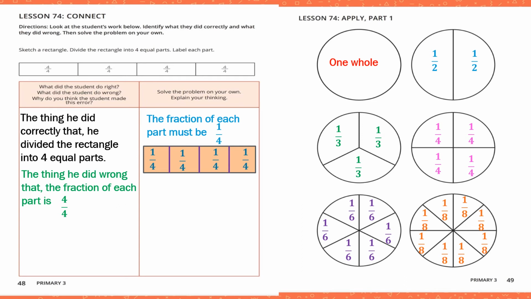Let's notice something. When we divided the same circle between 2 students into 2 parts, each student will take 1/2. But here, when we divided the same circle among 3 students, each student takes 1/3.